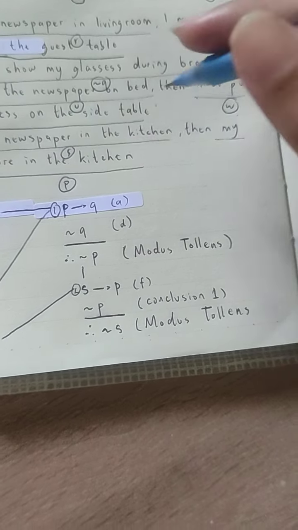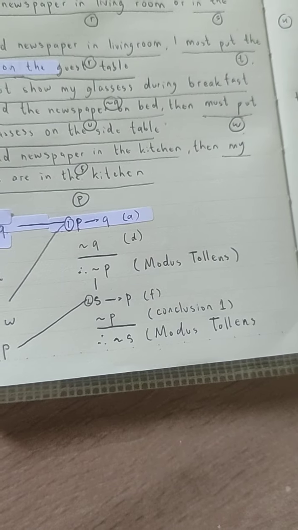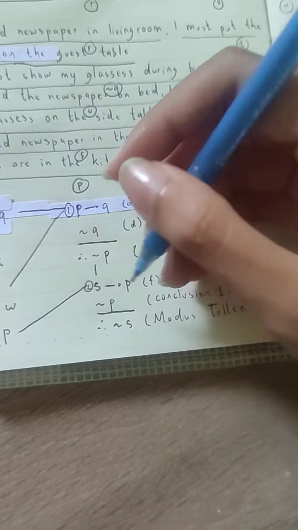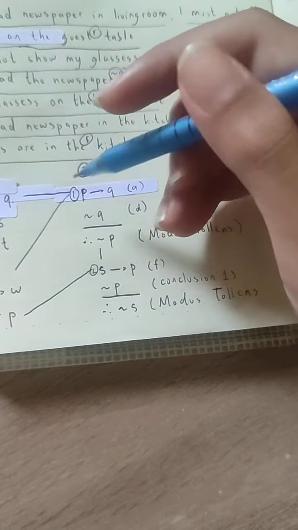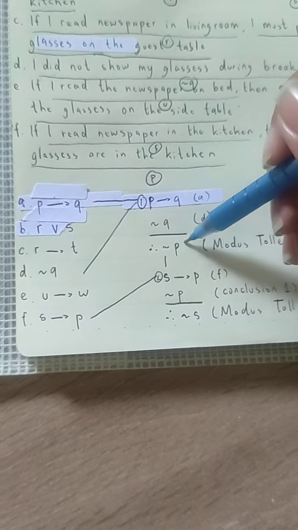Now we find negation P, right? And then we move on to the second one, which is we need to find a variable that has P in it.